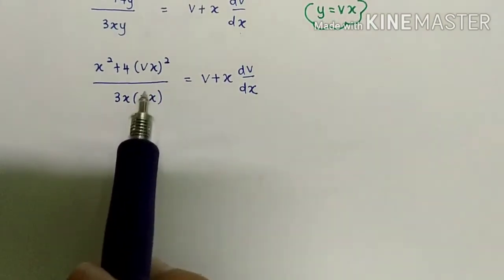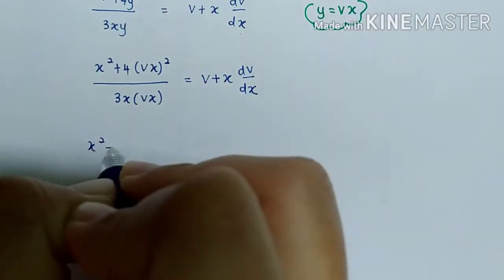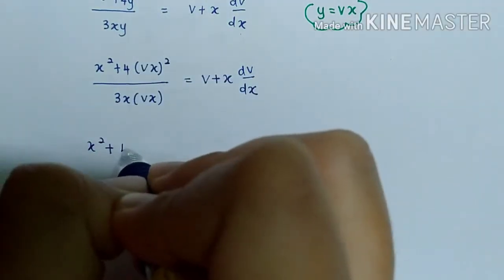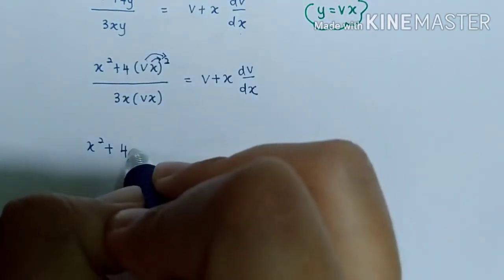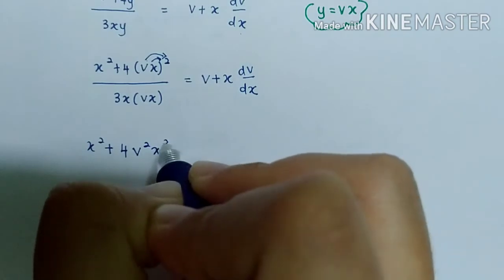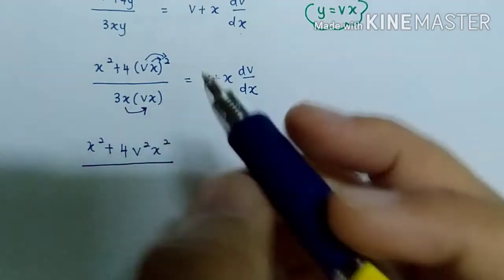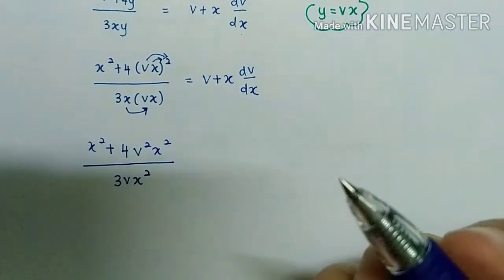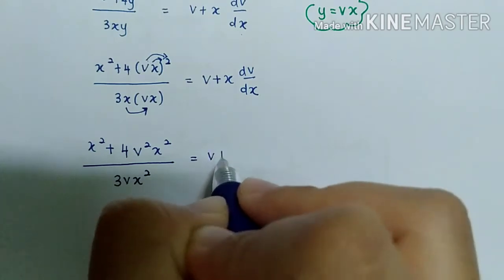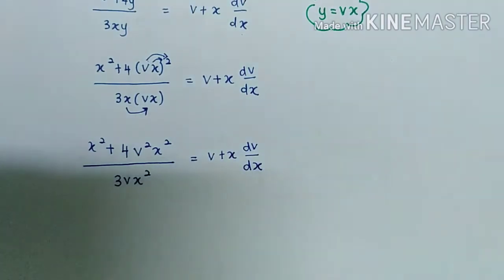Then we can simplify the left side. We have x squared plus 4v squared x squared, divided by 3x times vx, which is 3v x squared, equals v plus x dv/dx.